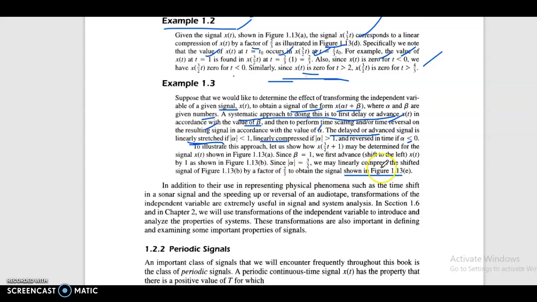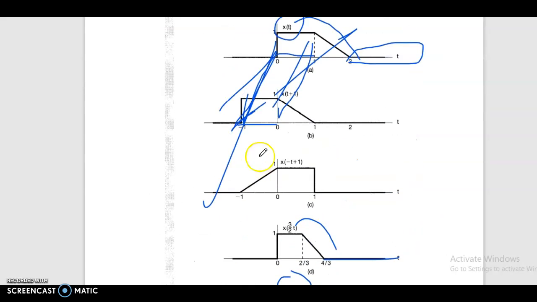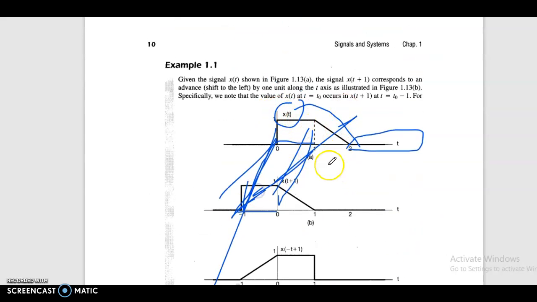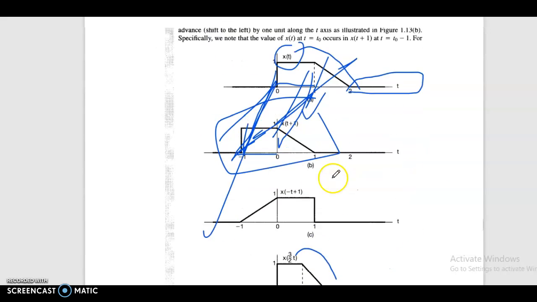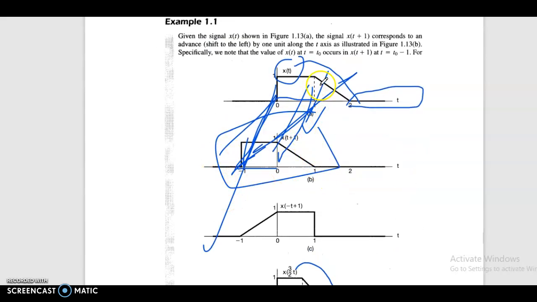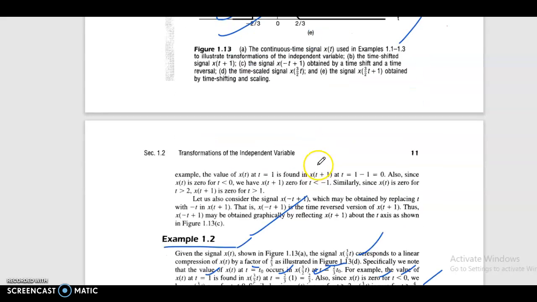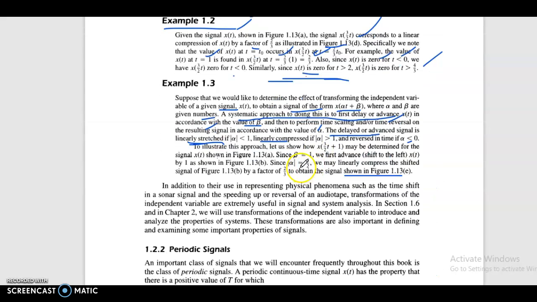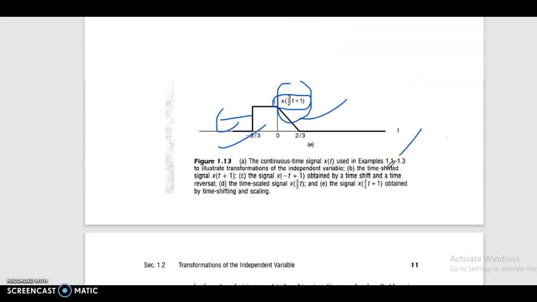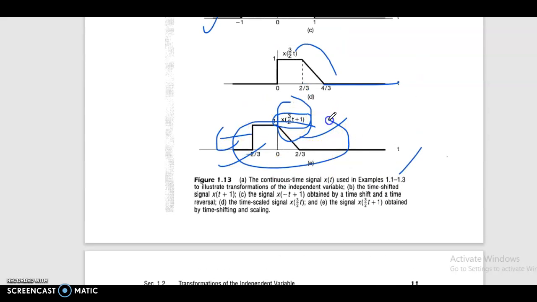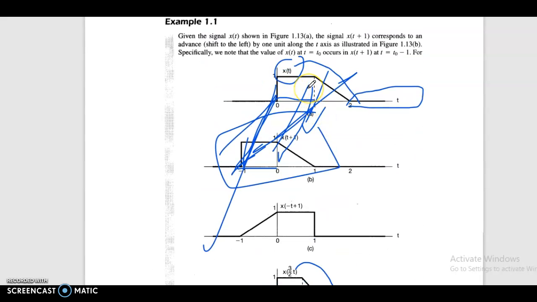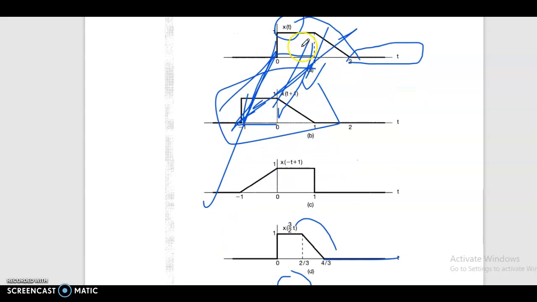We may linearly compress the shifted signal in figure B. Linearly compressed and shifted, from this figure A. Here also 0 1, 0 1 same, but shifted left. That's all. Compress the signal shifted in figure B by a factor of 2 by 3 to obtain figure E, linearly shifted and compressed.